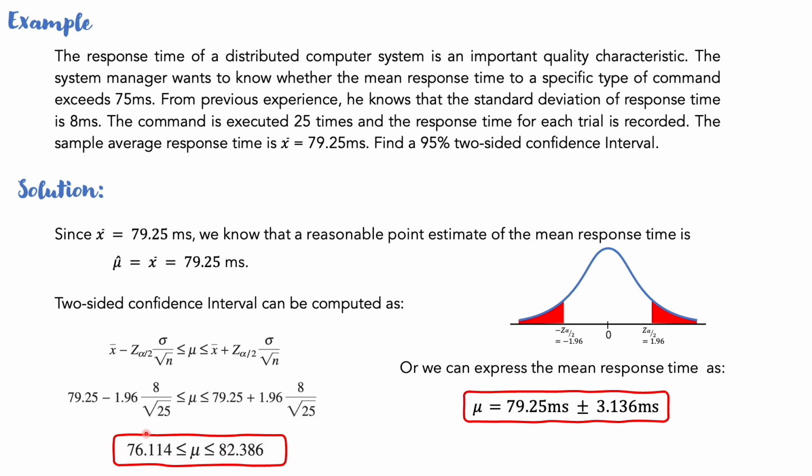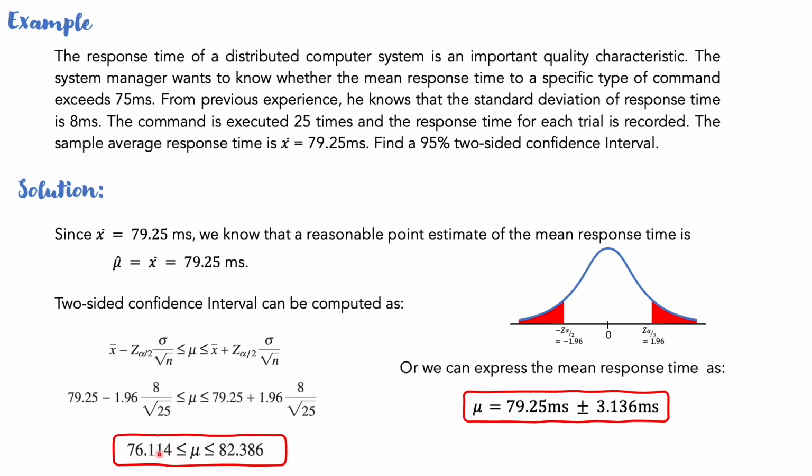We subtracted the lower value, L, from U. You remember, this is the confidence interval, right? So the width of the confidence interval, U minus L, divided by 2 will give us the plus and minus value.